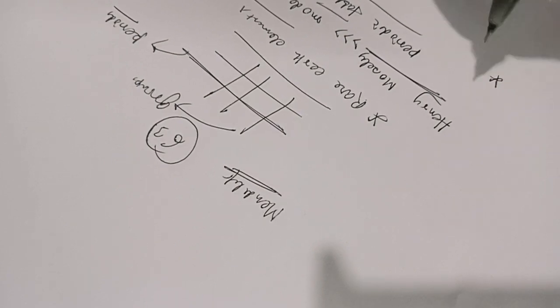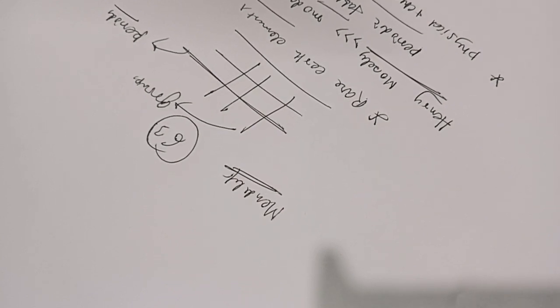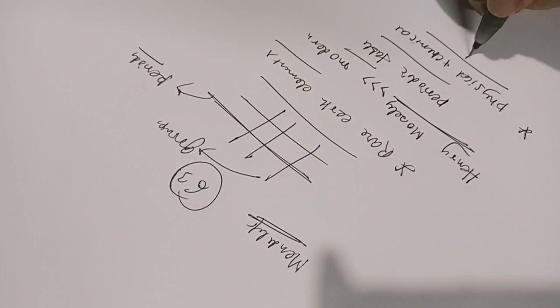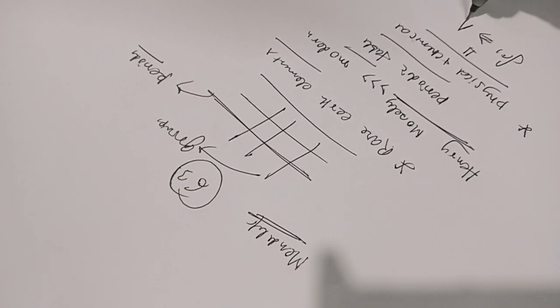Moseley stated that the physical and chemical properties of elements are a periodic function of their atomic number, not the atomic masses. That is, the physical and chemical properties are functions of atomic number.